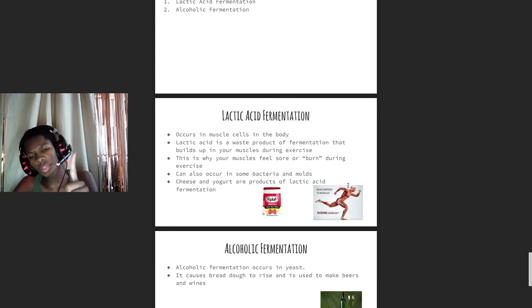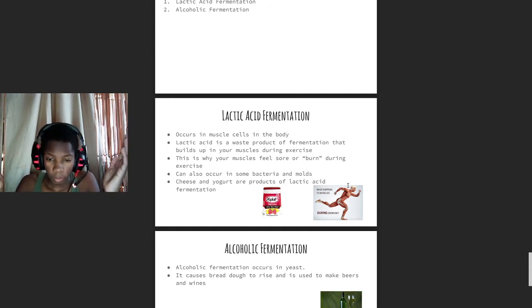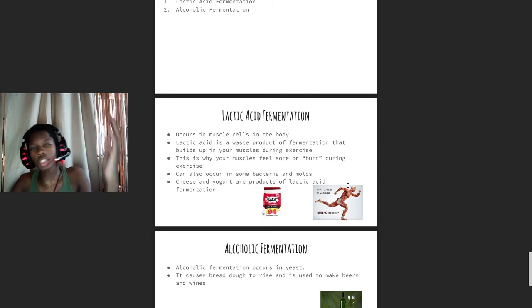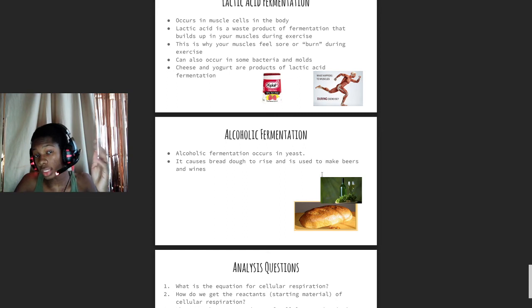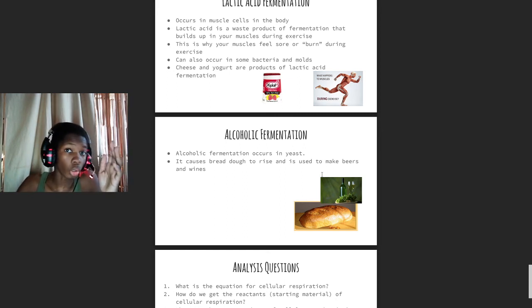It can also occur in some bacteria and mold. Cheese and yogurt are products of lactic acid fermentation. Alcoholic fermentation occurs in yeast, and it causes bread dough to rise, and it's used in beers and wines.